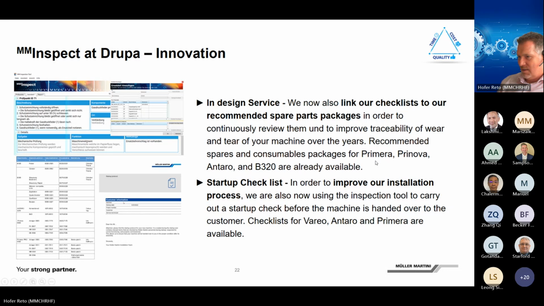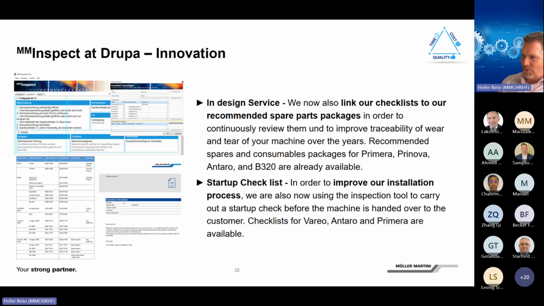Again, for me, one of the aspects that we would like to promote more in future is that we are recommending to the customer to have the recommended spare parts and consumables package on site, because these are the parts for that machine that allow him to improve the reliability and the performance of his machine, because he has all the essential parts on site when he needs to run the machine.